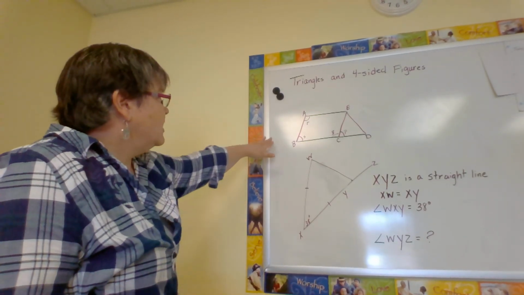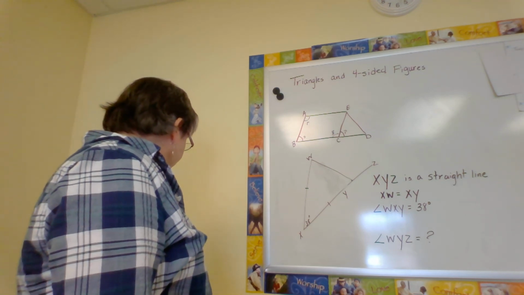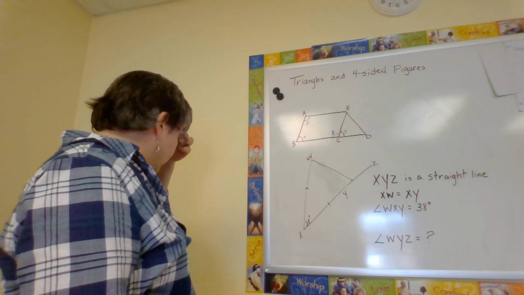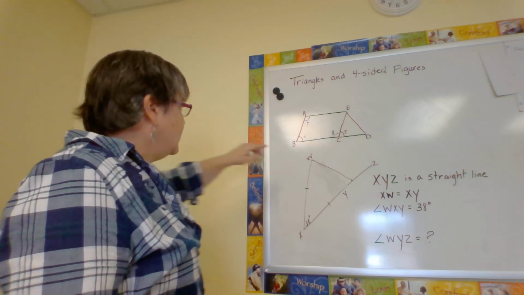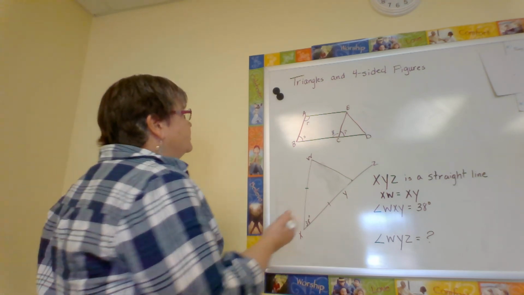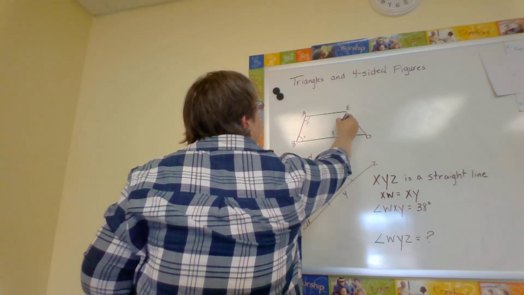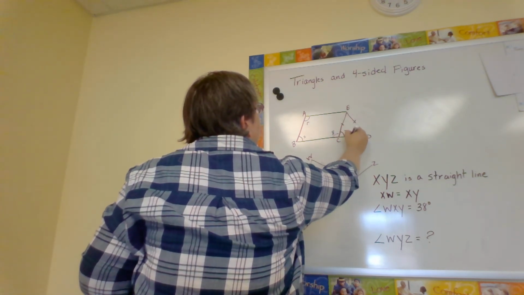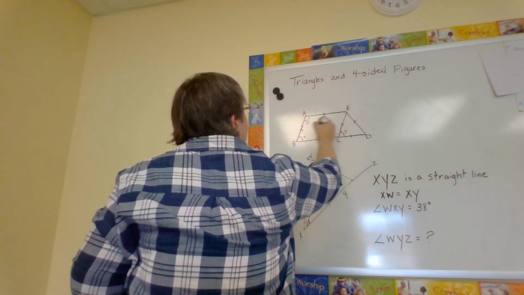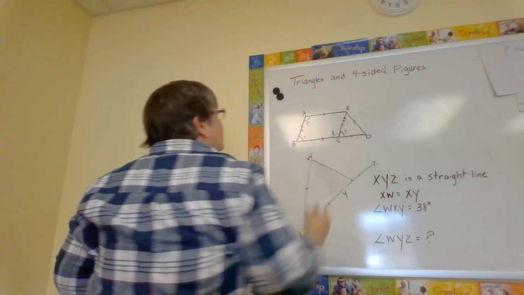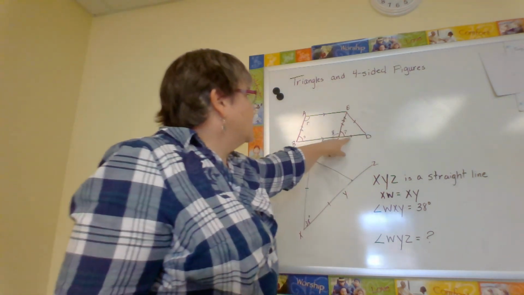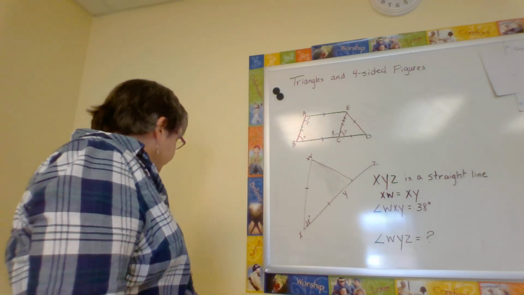Okay, here we have figure ABCE. We know that it's a parallelogram. CDE is an equilateral triangle. Okay, so now I have marked it as being a parallelogram, and I have marked this as being an equilateral triangle.